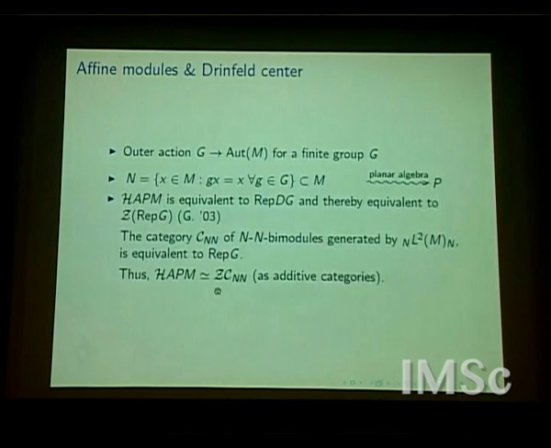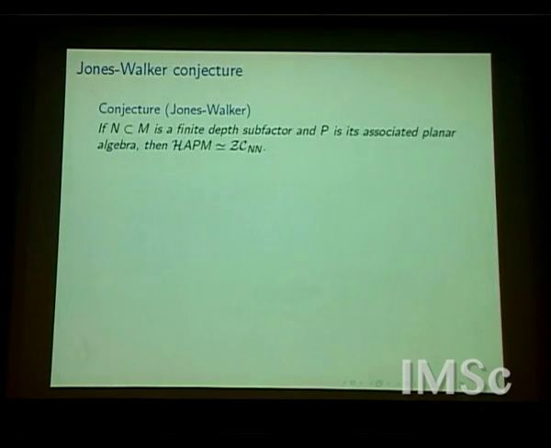Now looking at this result as well as another conjecture in the world of TQFTs by Kevin Walker, Vaughan Jones, what he conjectured was, given any subfactor not coming from finite groups, any subfactor but having finite depth, I will tell you what finite depth is, and if P is the associated planar algebra, then the Hilbert affine P module is actually equivalent to the center of the NN bimodule category.